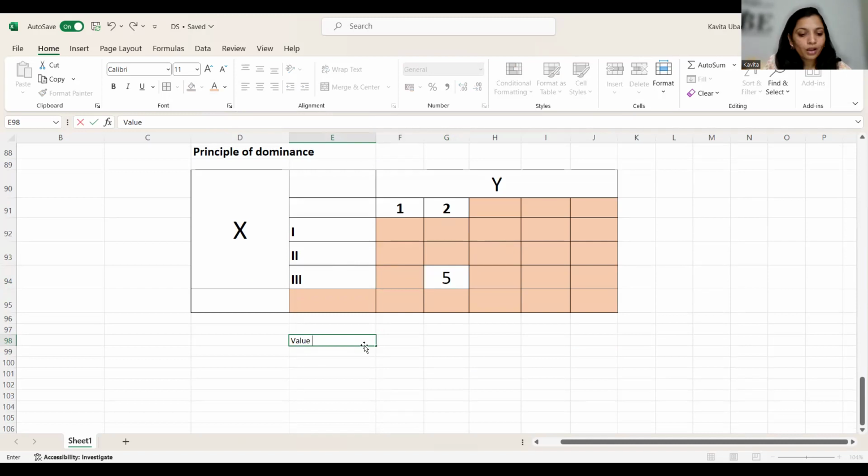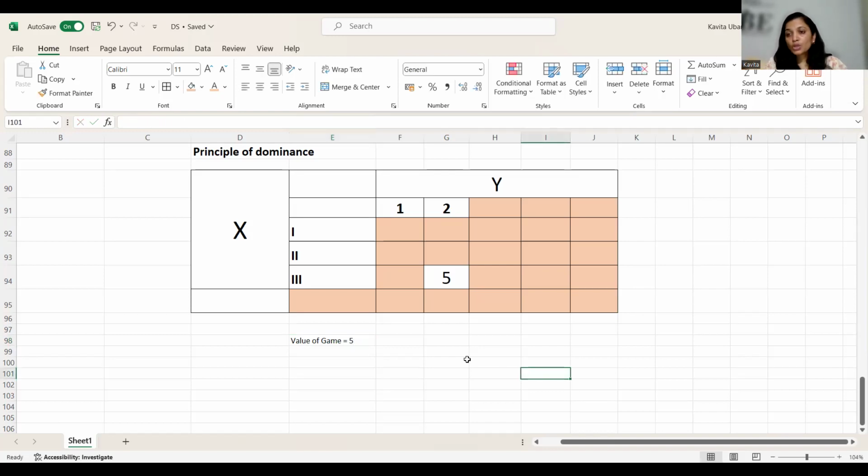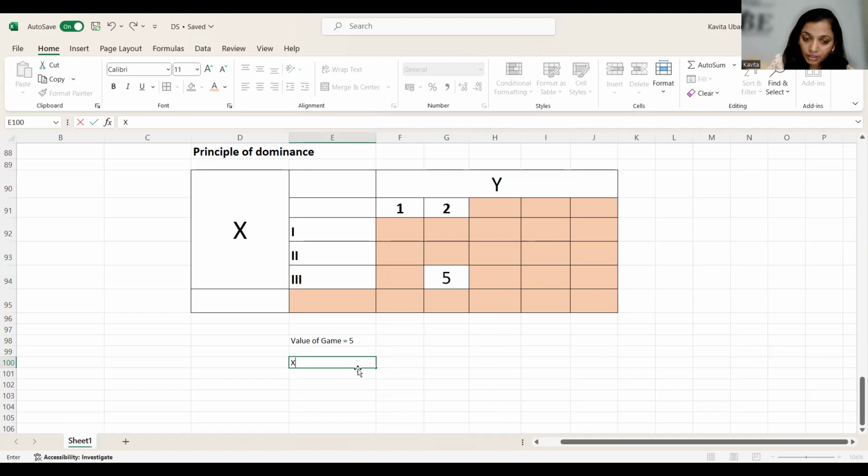This is how we have applied the principle of dominance here, and we got the value of this particular game equal to 5. So the value of the game is 5, and it is at the position x3, y2.